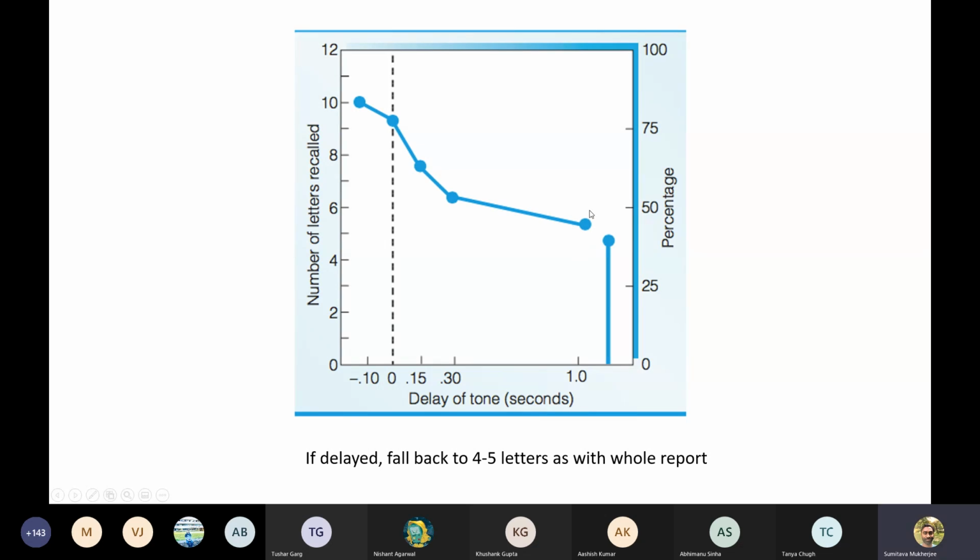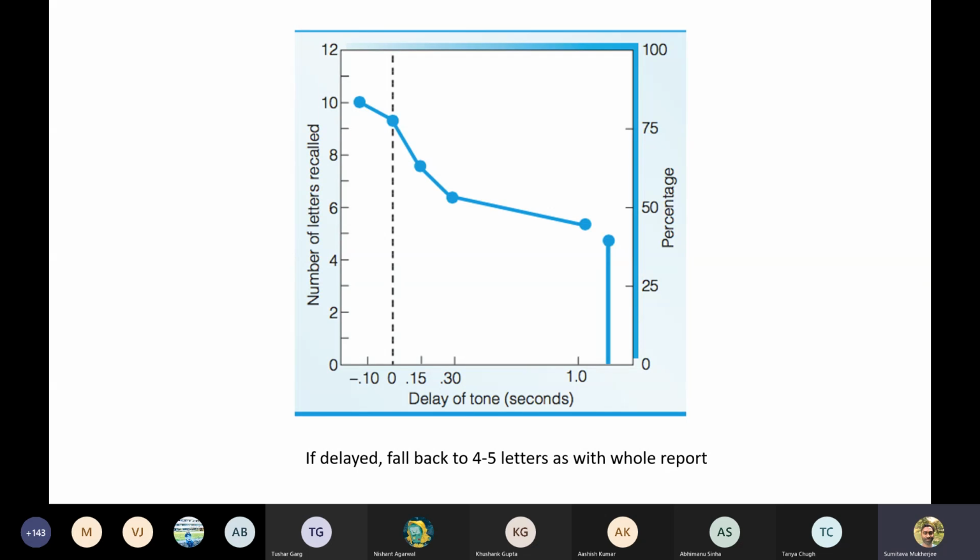And the empirical finding is that if you increase the delay between the cue and the stimuli, then the number of items that you are recalling is going down, but they probably are there in your sensory memory. You simply cannot recall them. That's why I'm saying there is a difference between encoding, storage, and retrieval.